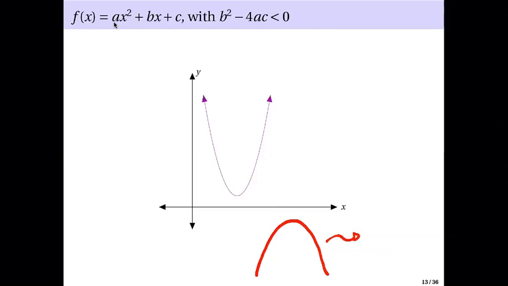So this could be the graph of some function f of x equals ax squared plus bx plus c with a less than 0, and of course, we assume b squared minus 4ac less than 0. So the graph is completely below the x-axis.